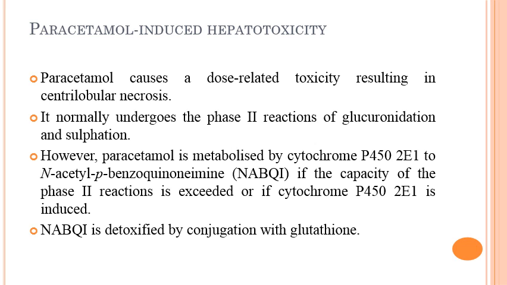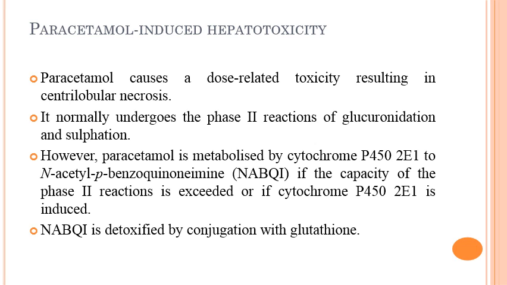The N-acetyl-p-benzoquinone imine is a toxic substance, and if accumulated in the hepatic cells, it can damage the liver cells. The liver has the ability to detoxify it by conjugating with glutathione, which is also present in the liver.